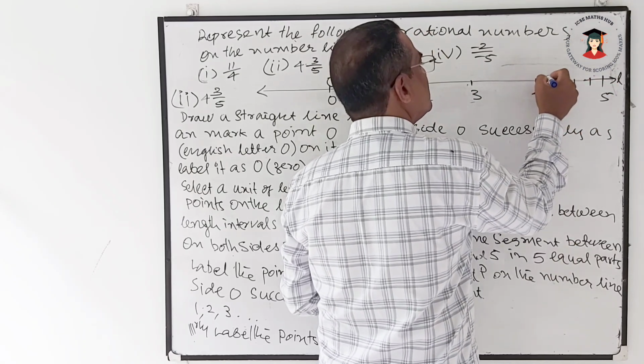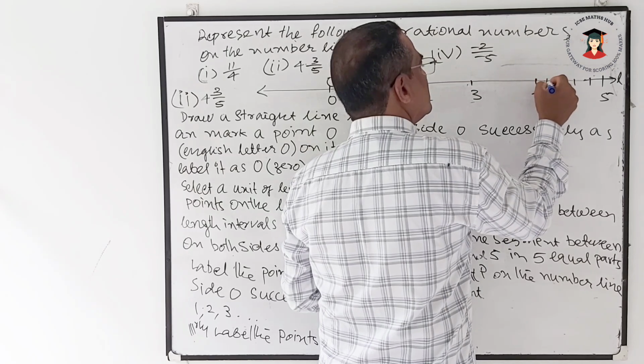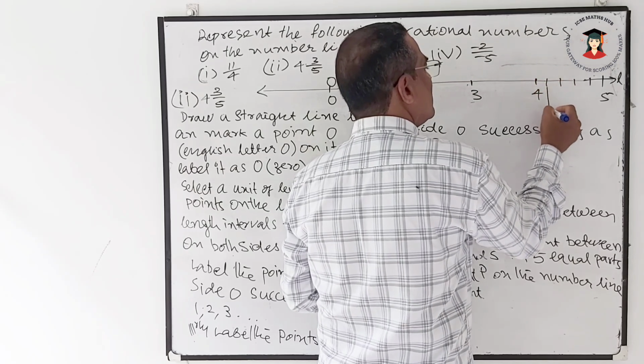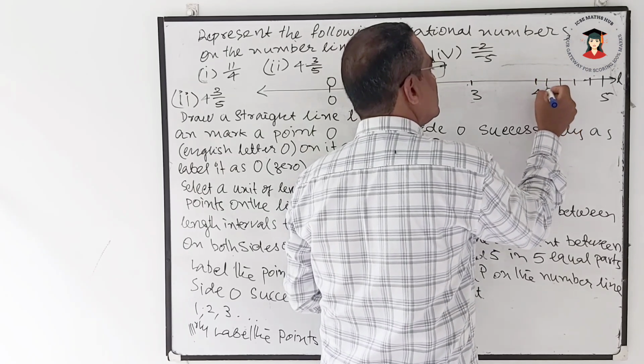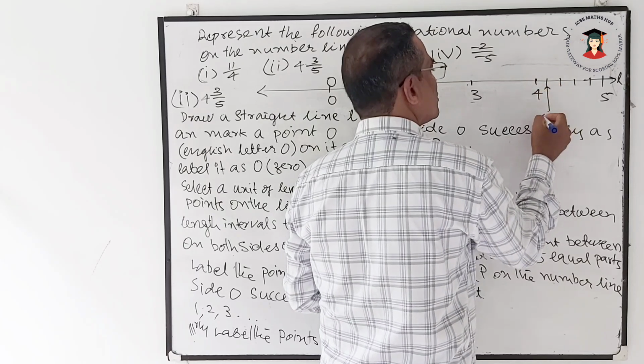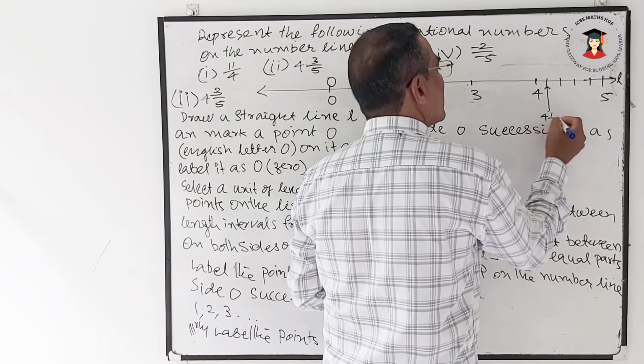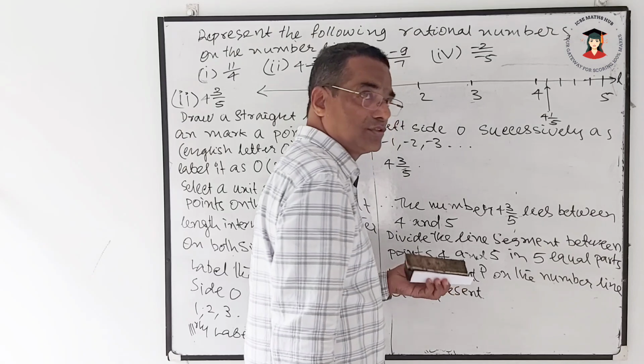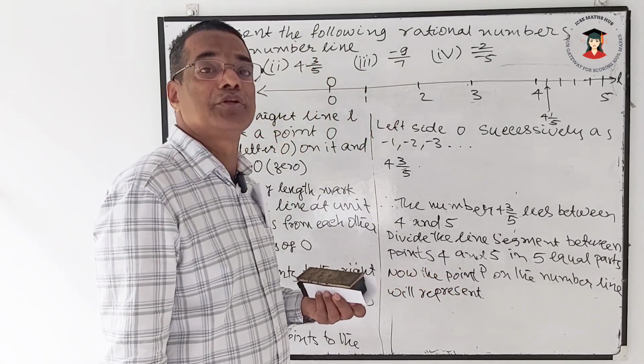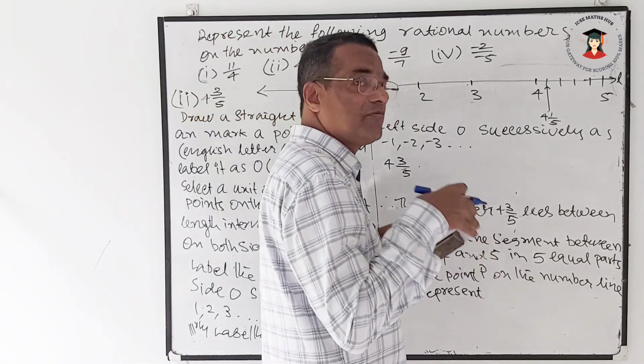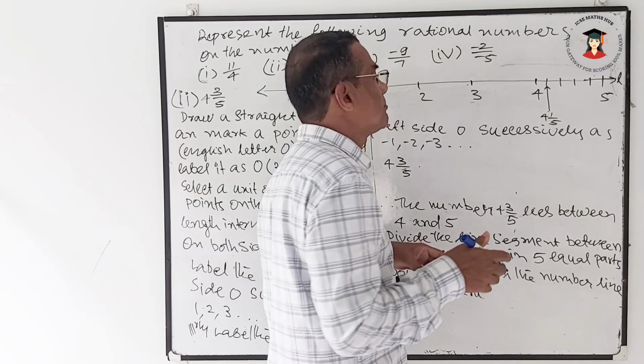This point will represent 4 and 1 by 5. It is not 1 by 4. We have divided it into 5 equal parts. So the first part will be 4 and 1 by 5.